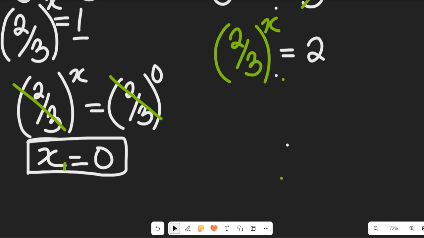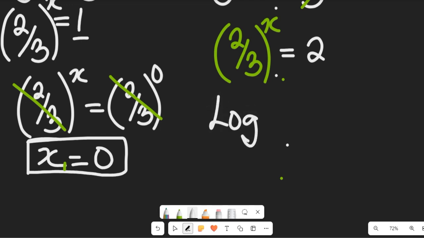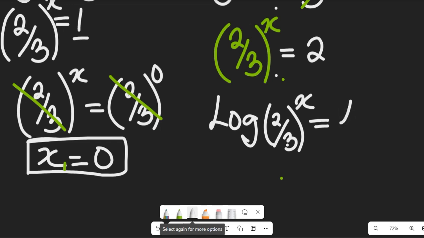So what we are going to do is to take the logarithm or the natural log of both sides. Now if I take the logarithm of both sides, this is going to give me the log of 2 divided by 3 to the power of x equal to the log of 2.